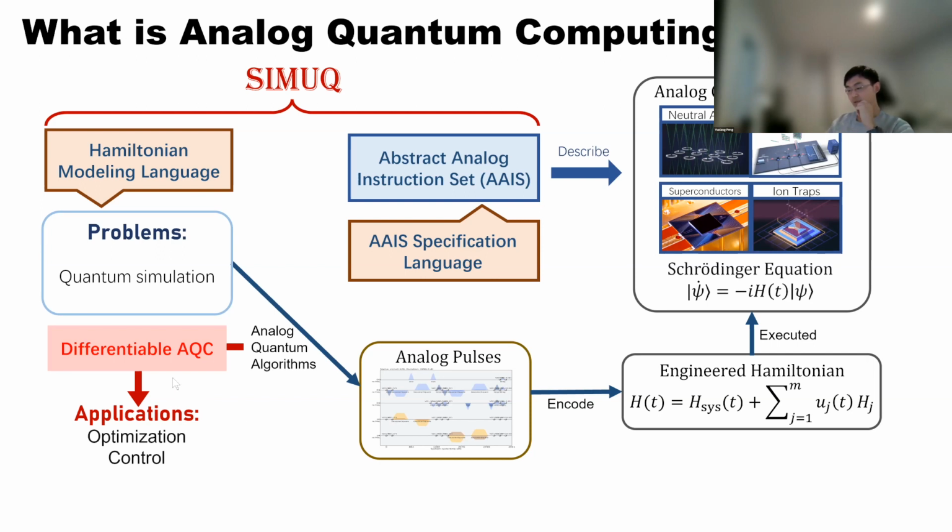This framework is based on the quantum simulation problem, and it can be seamlessly integrated into the SimuQ framework and help you do variational quantum algorithms at the analog level.